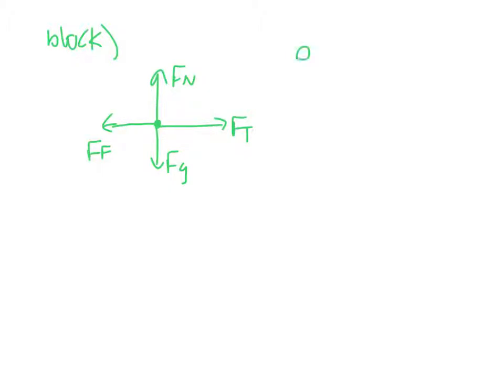For the bucket, there are only 2 forces acting on it. You're going to have an equal tension force as the one on the block, so Ft going up and Fg going down. Because it's at rest, all of your forces are equal. So Fg equals mg. You know what the weight of the bucket is.